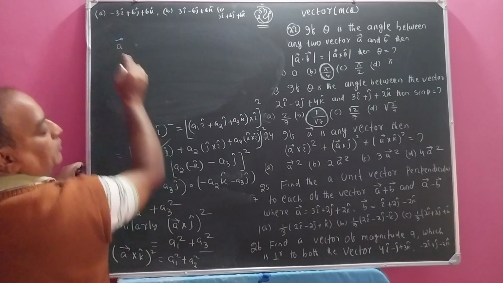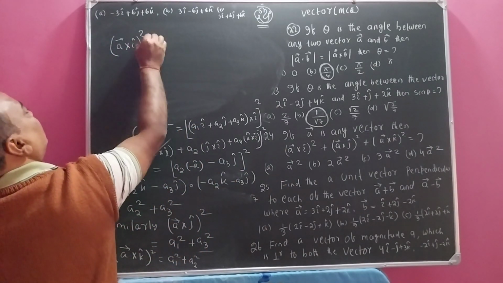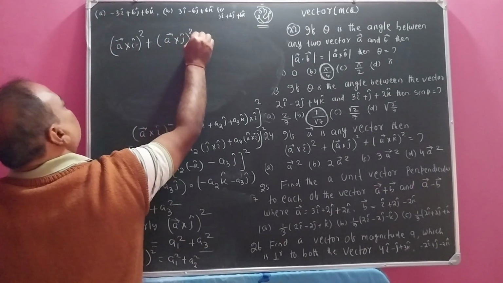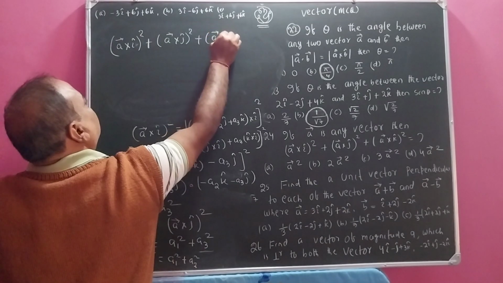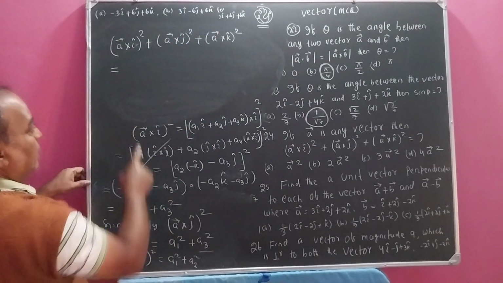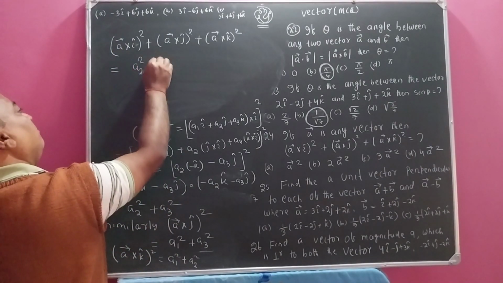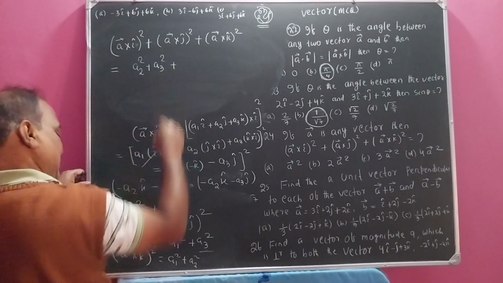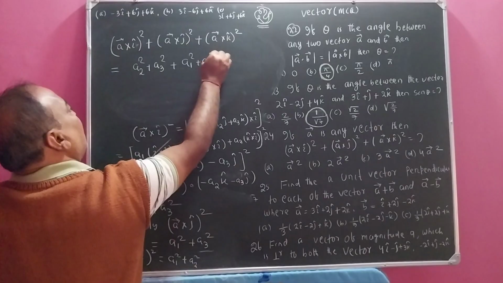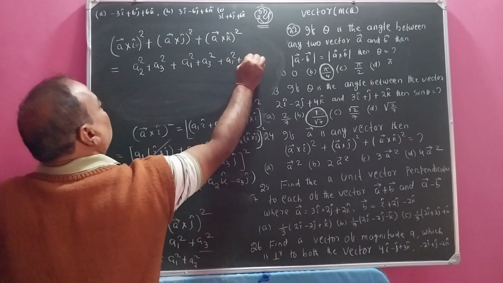A vector cross I vector whole square plus A vector cross J vector whole square plus A vector cross K cap whole square is equal to, this value is already found out here, A2 square plus A3 square, here it is A1 square plus A3 square, here it is A1 square plus A2 square.